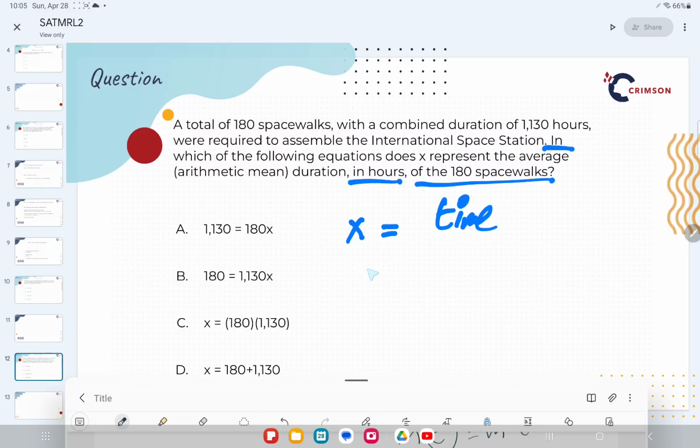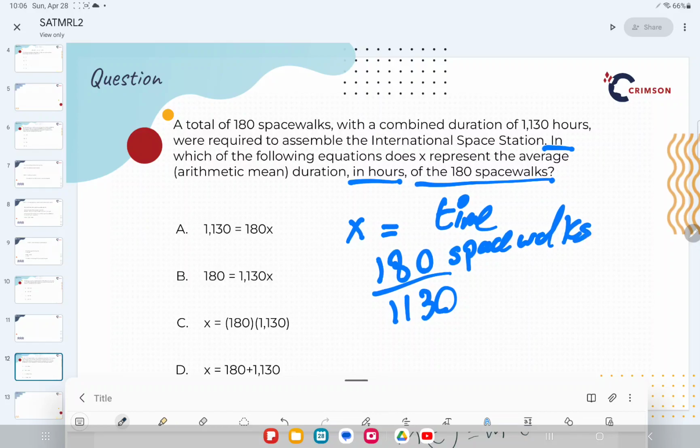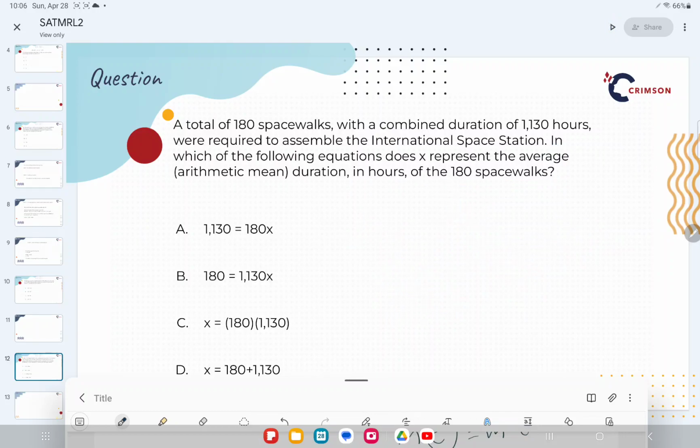So if I chose 180 divided by 1130, I'm representing spacewalks per time. That's not what I want. They want x to be time for the 180 spacewalks.